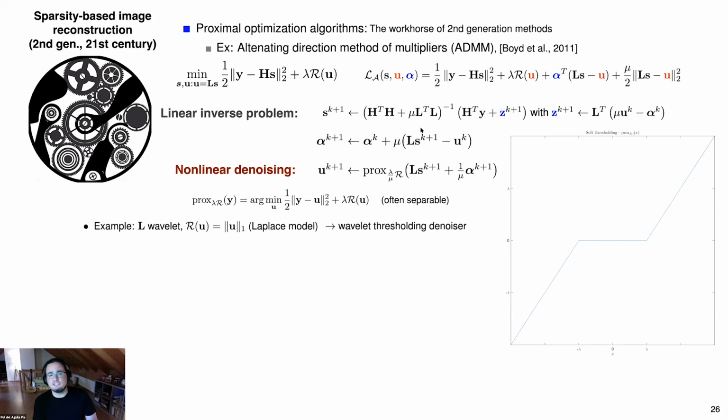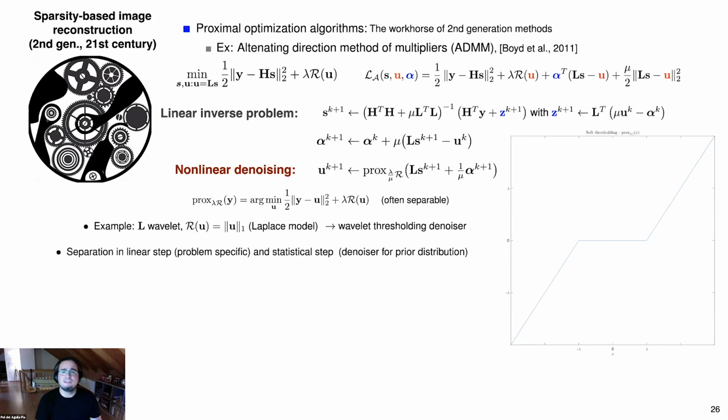So the nice thing about this is that we can decouple the effect of the linear step, so solving a linear inverse problem that is specific to the imaging operator you're using, from the statistical step or the prior step in which you're designing a denoiser that denoises the data according to your statistical knowledge.